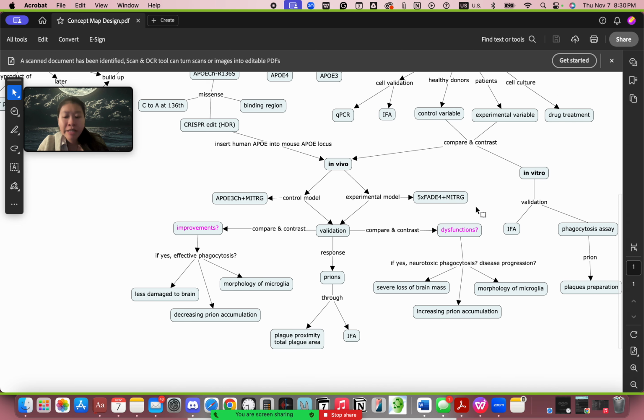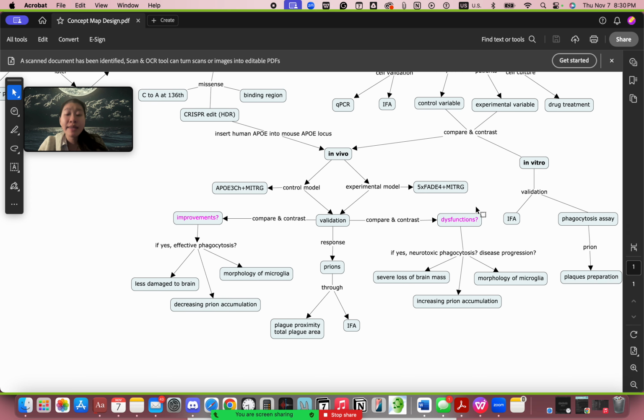On the other hand, the microglia in the brain with ApoE4, which is the highest risk for Alzheimer's disease, will have dysfunctions such as continuous phagocytosis, which might lead to loss in brain mass.